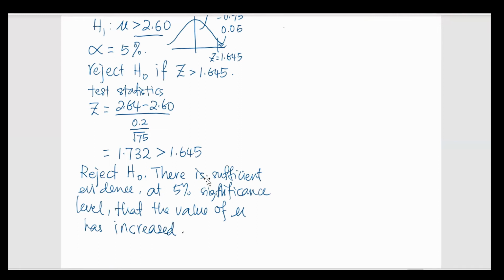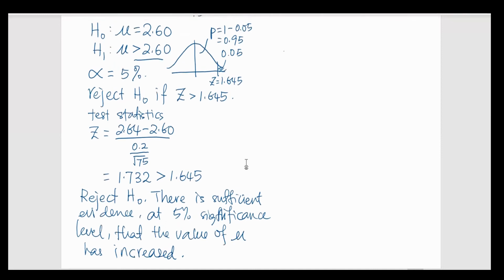All right, so that is the hypothesis test for this particular question, and our conclusion is rejecting H0. Why? Because the test statistic calculated is greater than the rejection region in terms of the z-score. Okay, so now we continue with part 2.